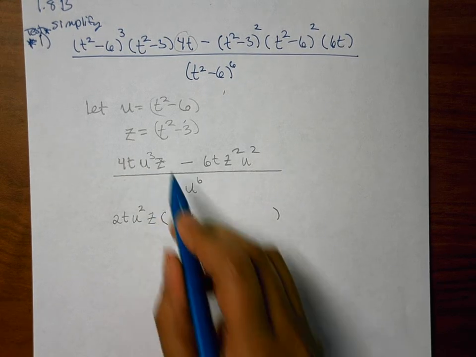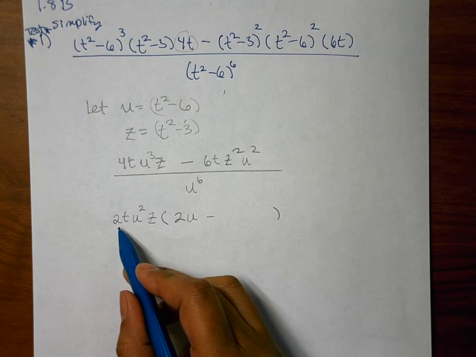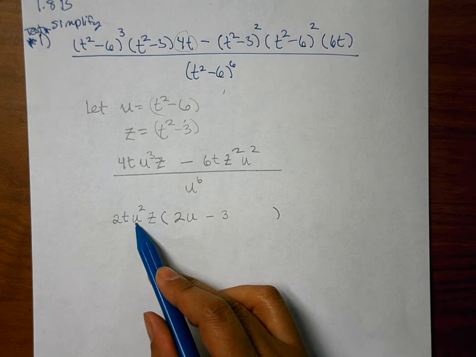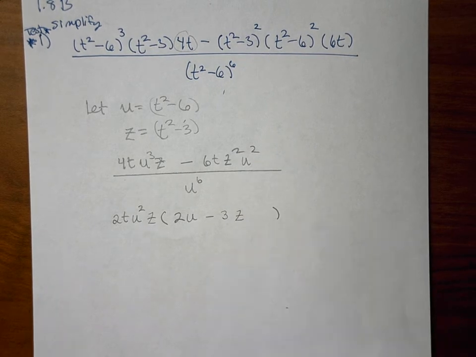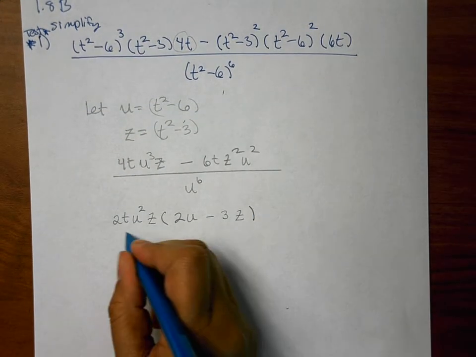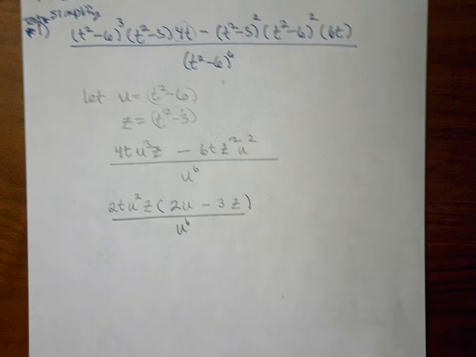Z is already taken care of, so it's just 2u on the first term. Minus 2t times 3 is 6t. U squared is already taken care of. Z times another z to make the z squared. All over u to the 6th.